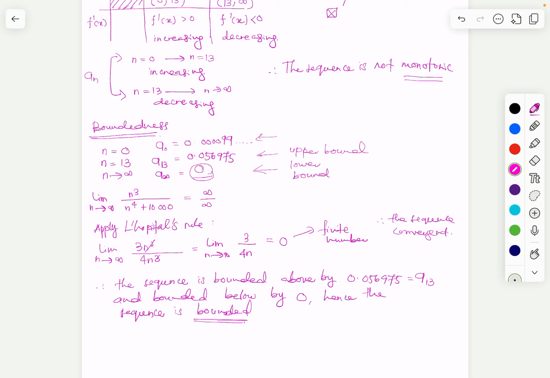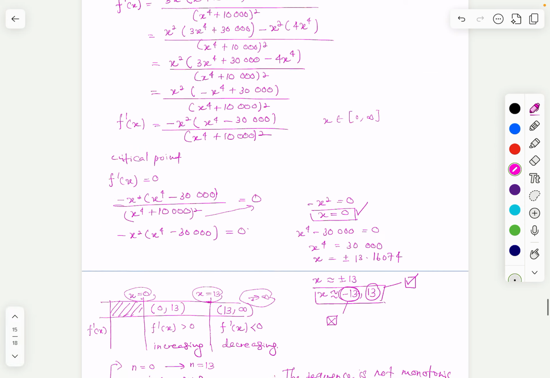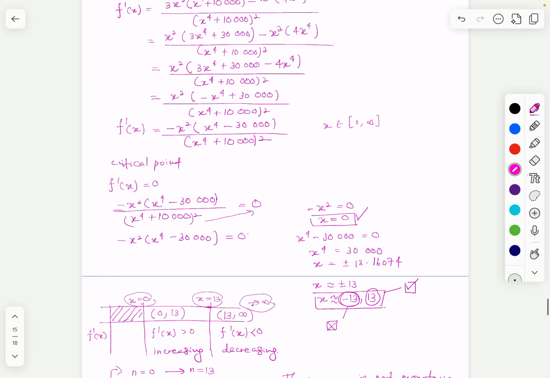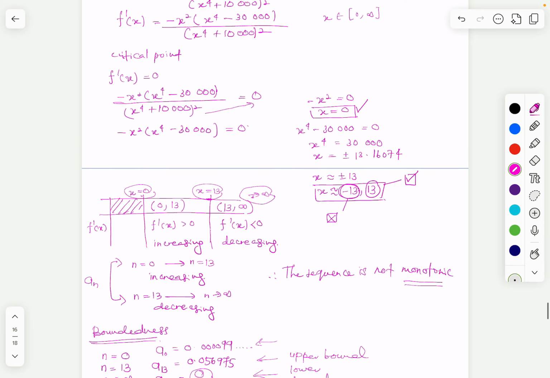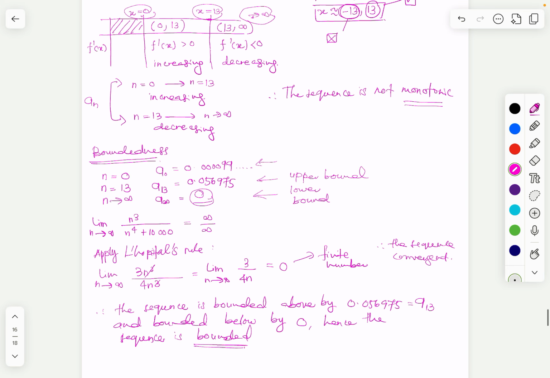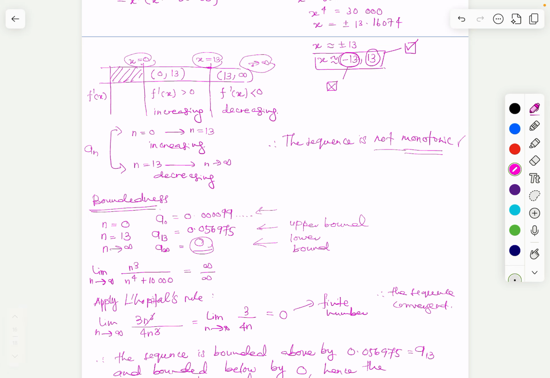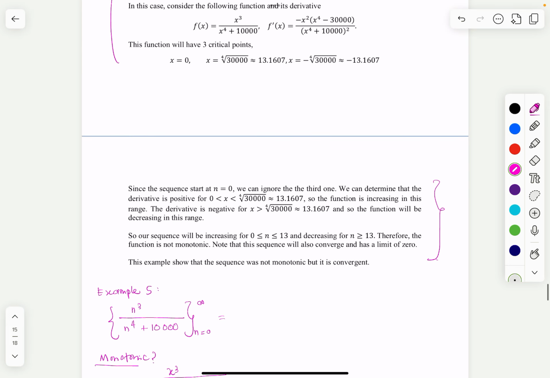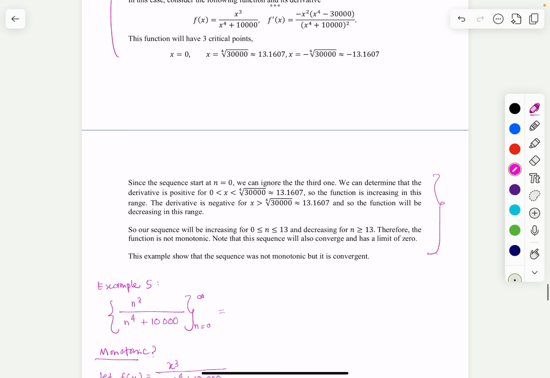Okay, so for this sequence, it is bounded and it is monotonic. So you might want to check the solutions given here. Is it the same? Oh, sorry, it is not monotonic. We found out it is not monotonic previously. So it is bounded and not monotonic. It is correct as what has been provided by this solution.